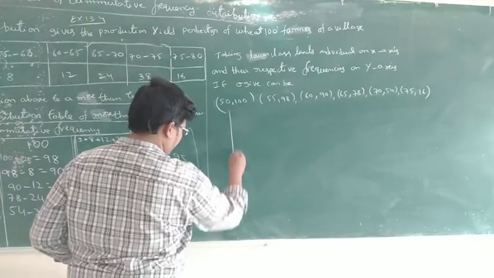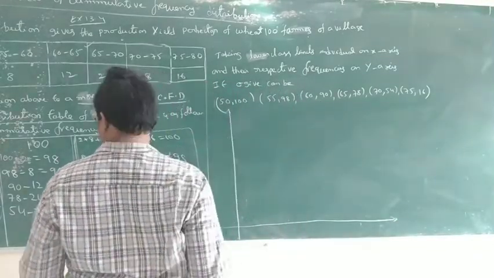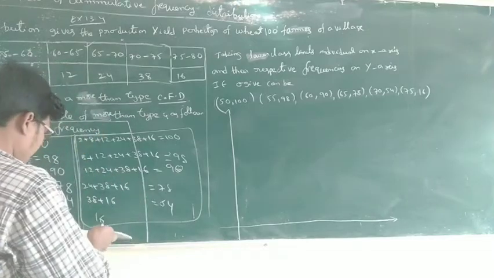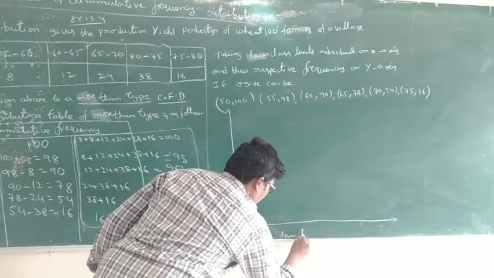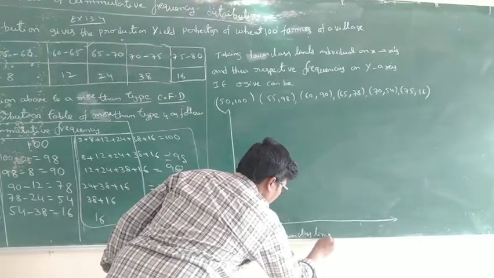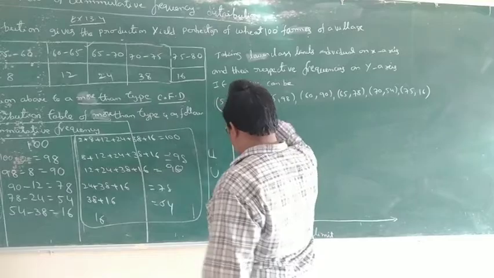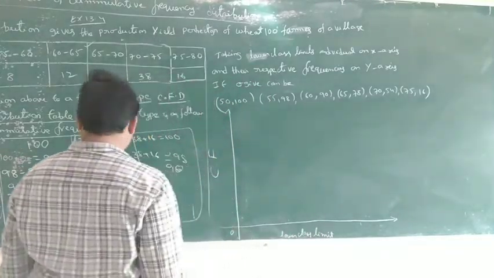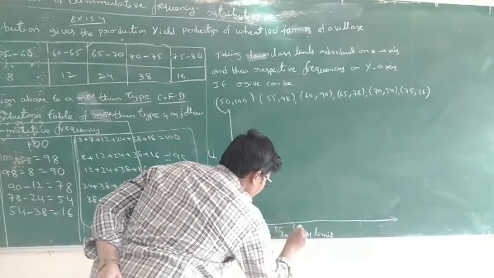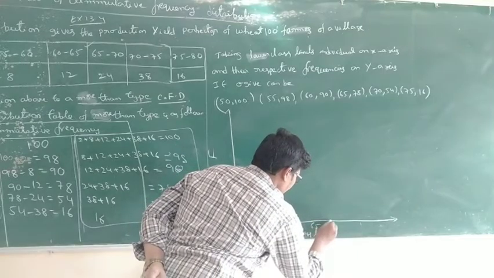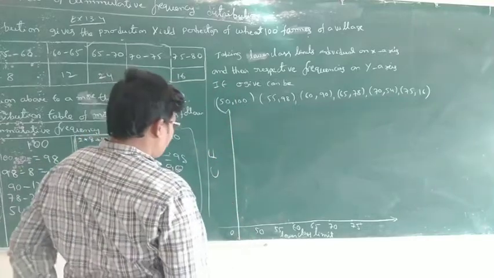So the graph: lower class limit on the x-axis with 50, 55, 60, 65, 70, 75, and cumulative frequency on the y-axis from 10 up to 100.